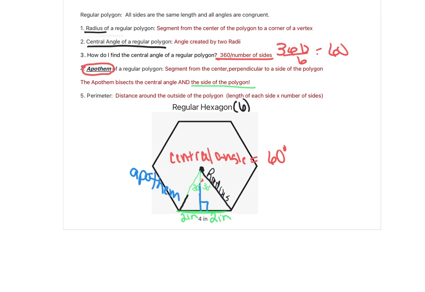And then what else do we got? We got perimeter. Perimeter is just the distance around the outside of the polygon. So in this case, it has 6 sides. Each side is 4 inches, so 6 times 4 would be 24. Okay?